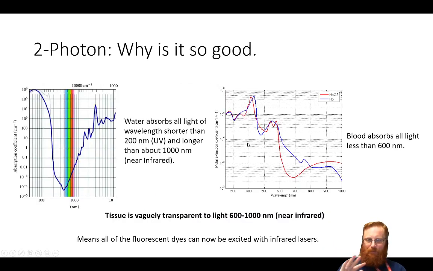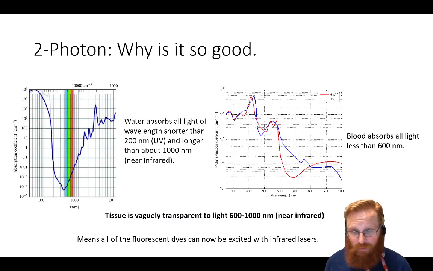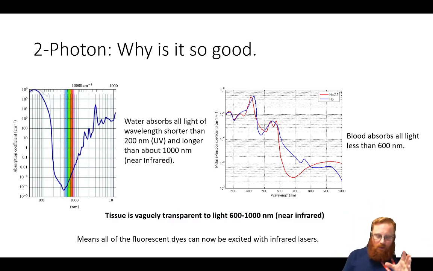Anyway, there's another reason why two photon is so good, right? So in order to get two photon, you have to put in two photons that have half the energy as the one photon. So that means those photons must have a longer wavelength, because as I said, short wavelength means high energy, long wavelength means low energy.